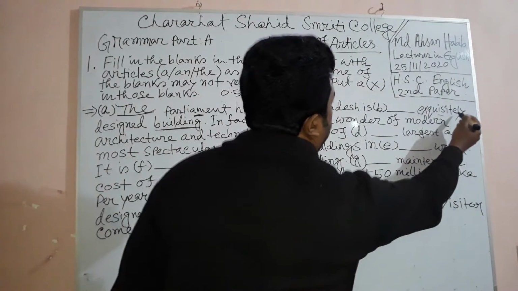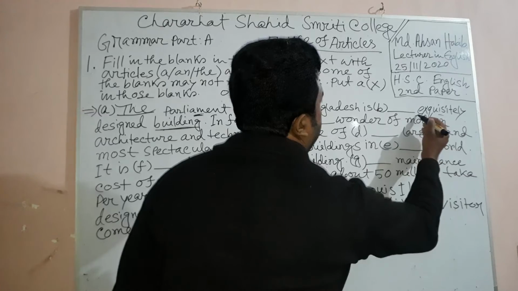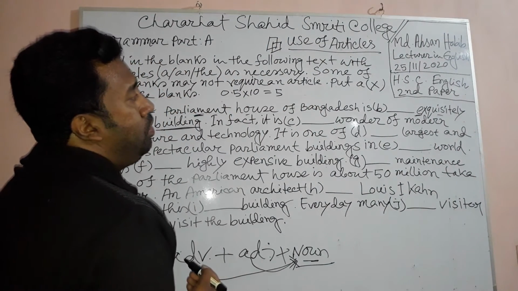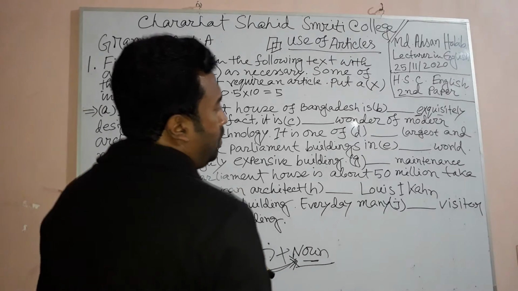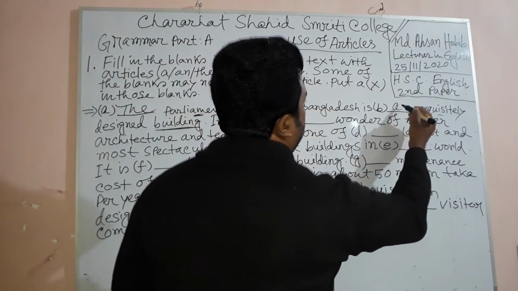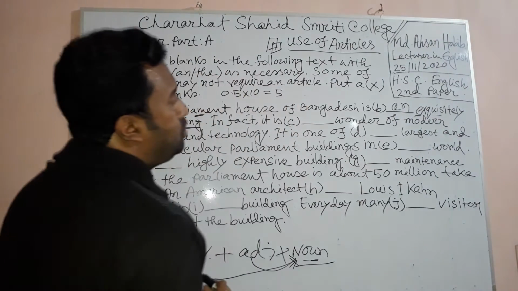This exquisitely is an adverb, and here E is a vowel sound, and that is why I have to write an here, and I think you have understood.